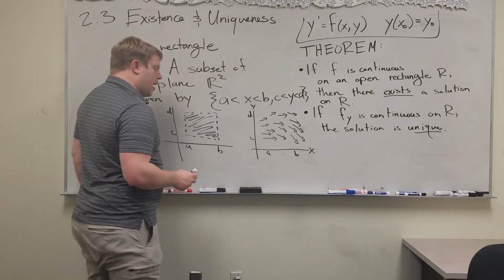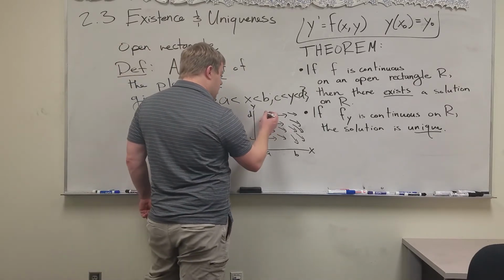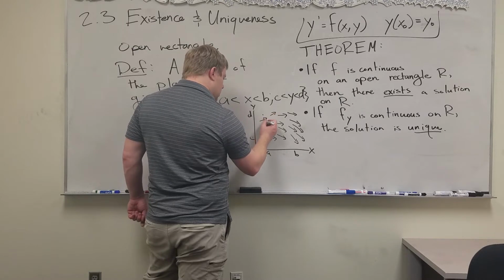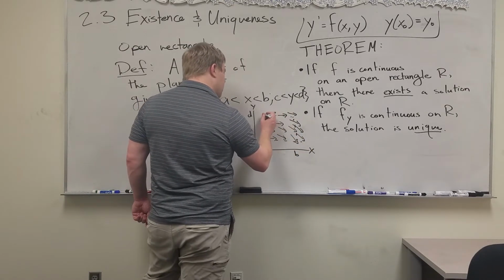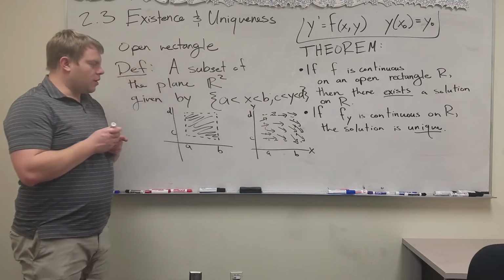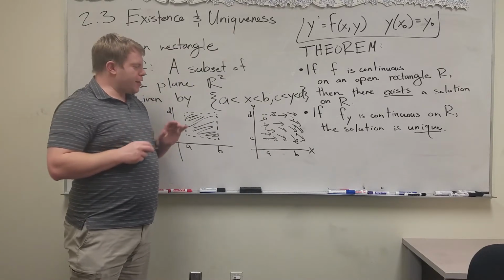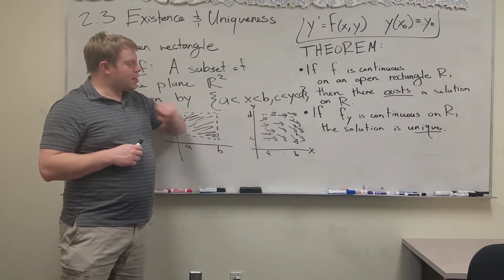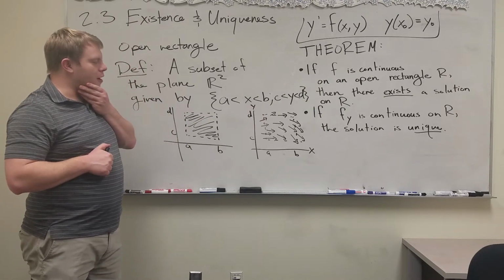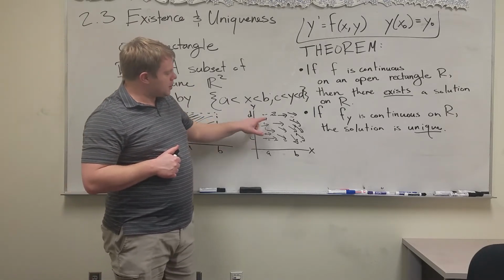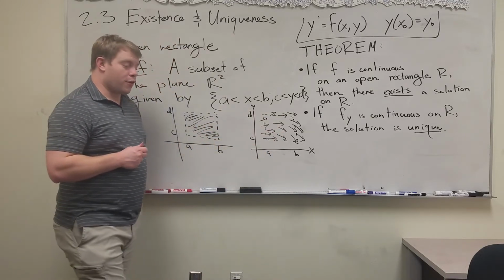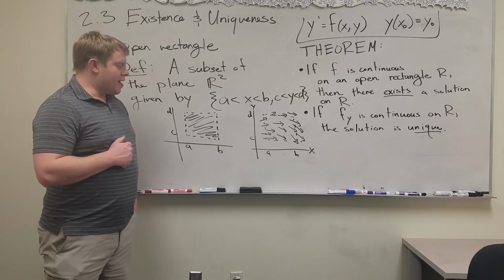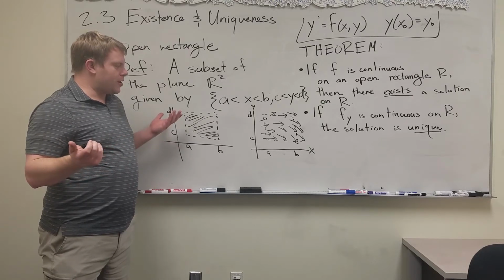And what this theorem is telling me is that as long as I stay in the interior of the box, as long as nothing crazy happens to the arrows, in other words, the function that tells me the slope of each arrow is continuous in terms of both x and y, then I'm going to have a solution.